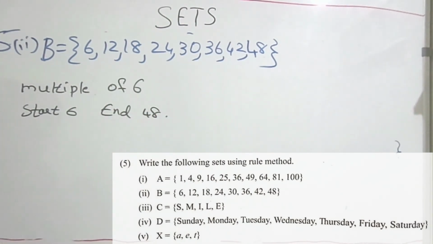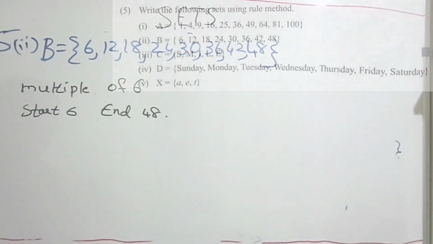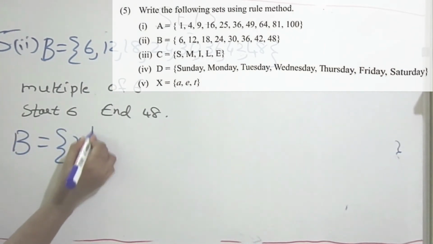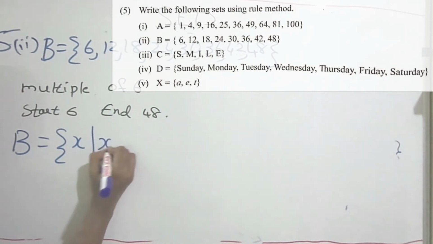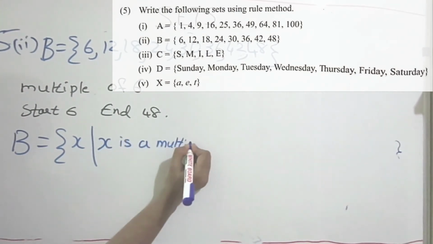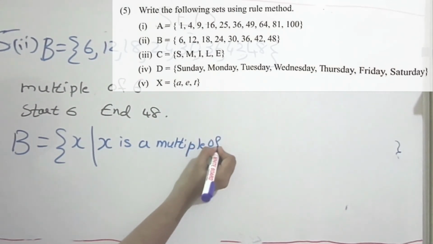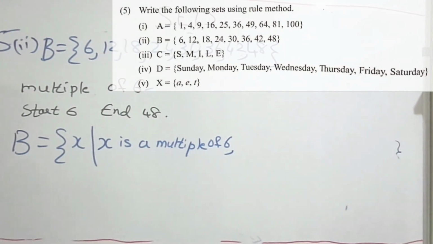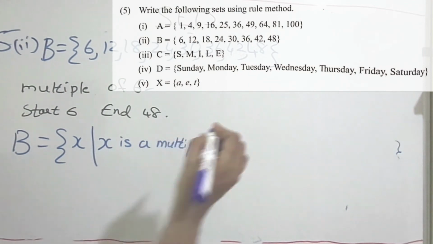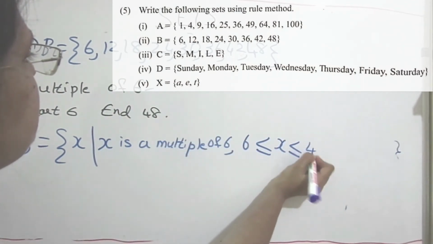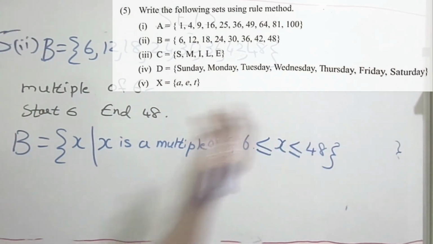So now let us write it down in the set builder form. B is equal to x such that x is a multiple of 6. We have written the first condition, and it is starting from 6 and ending at 48. 6 and 48 are included.